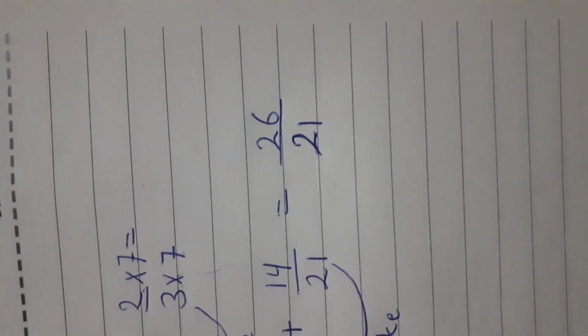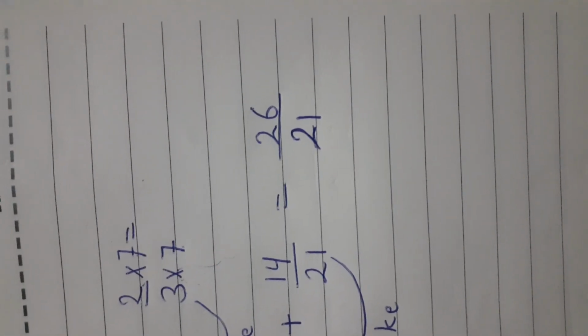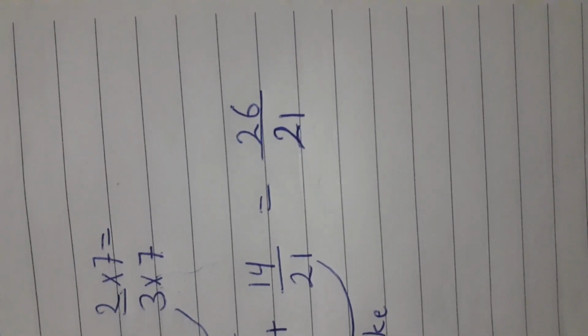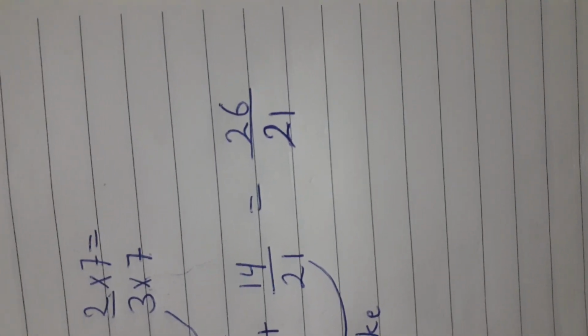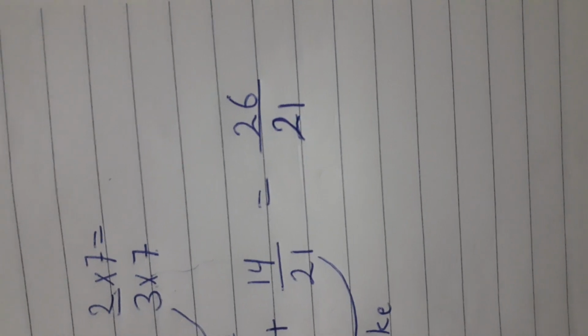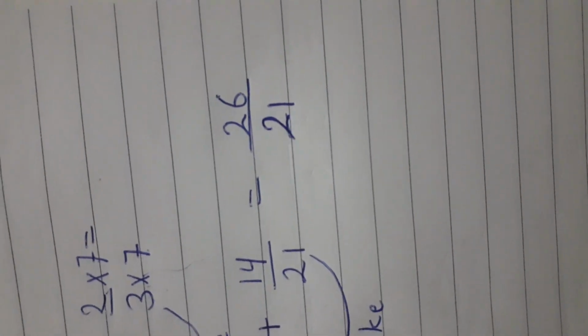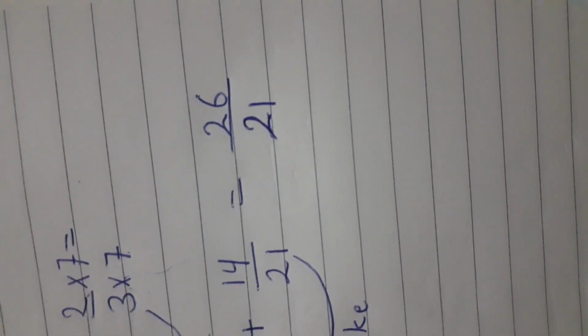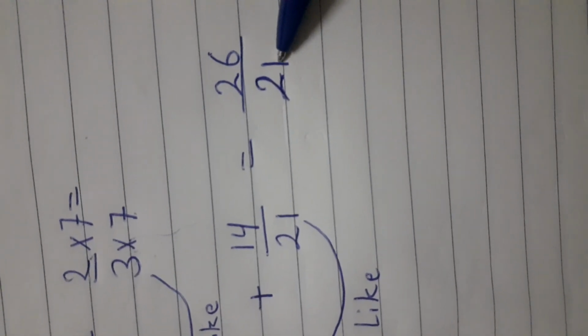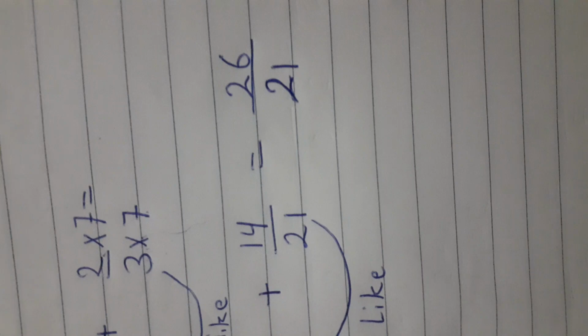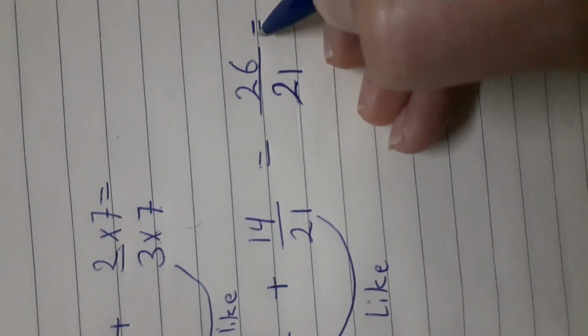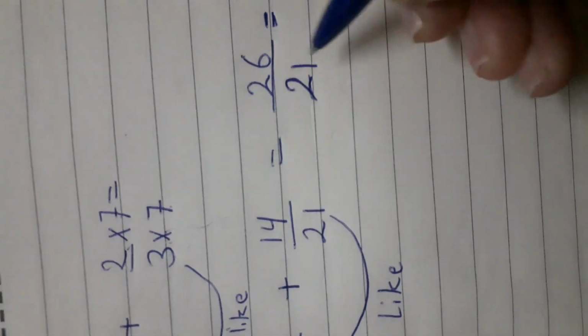Now look at this fraction, 26/21. It's an improper fraction. An improper fraction is a fraction that has the number in the top greater than the number in the bottom. So 26 is greater than 21. The numerator is greater than the denominator. We can change this improper fraction into a mixed number.